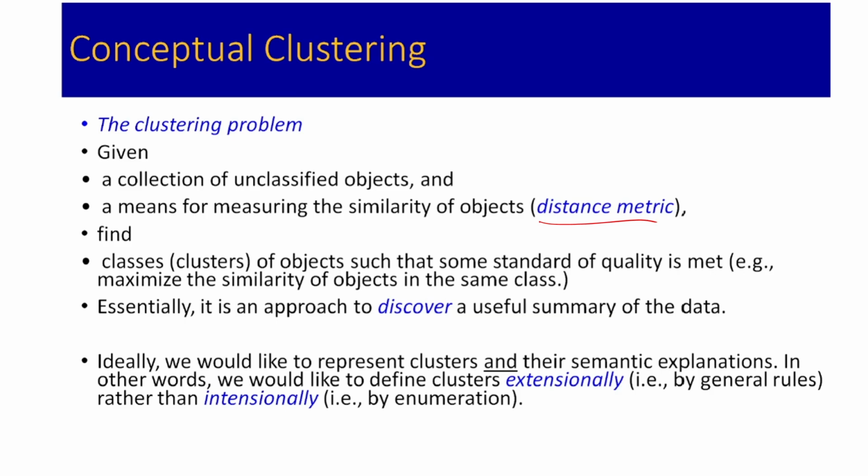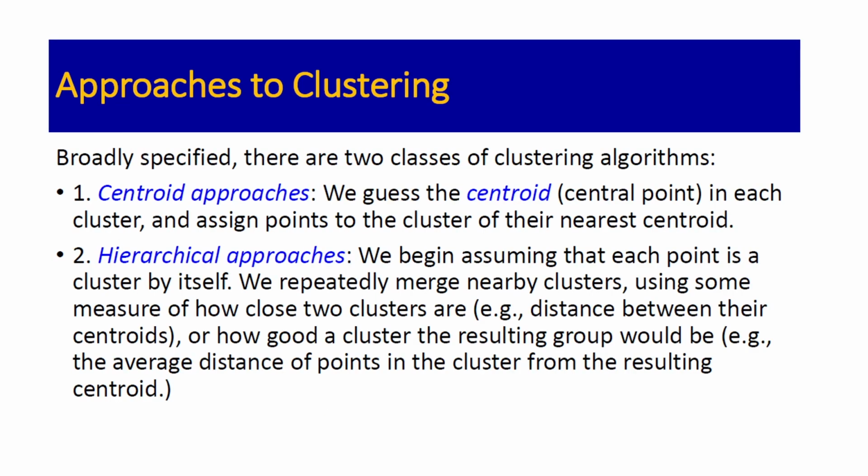But ideally, we would like to represent clusters and their semantic explanation differently, defining clusters extensionally or by some general rules, not by enumeration. That is not done here, remember, that is nothing but a dream.